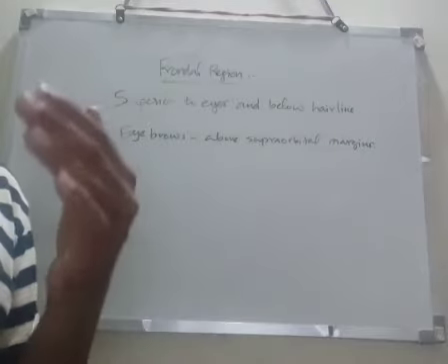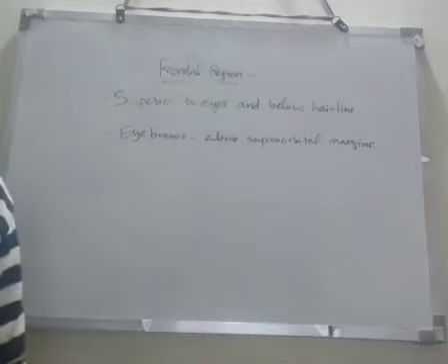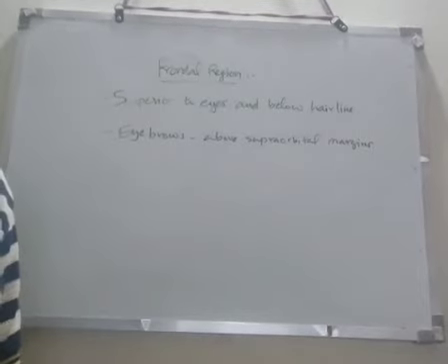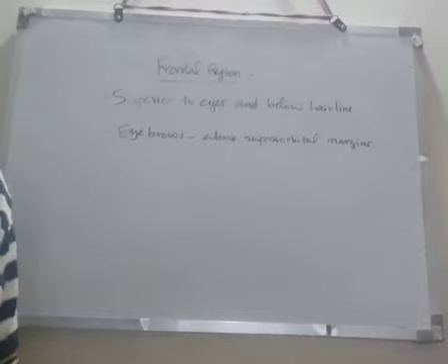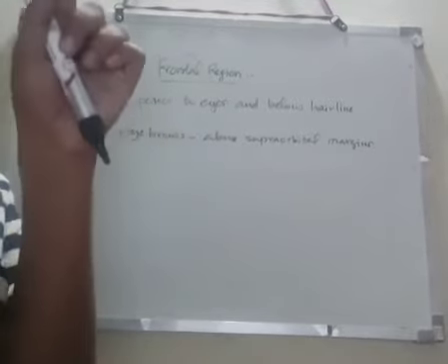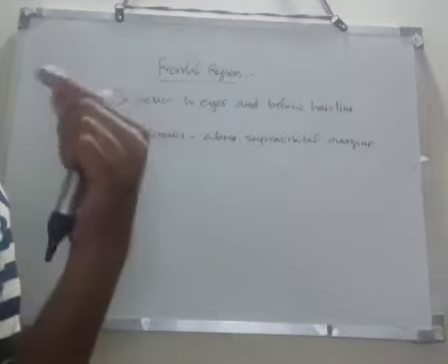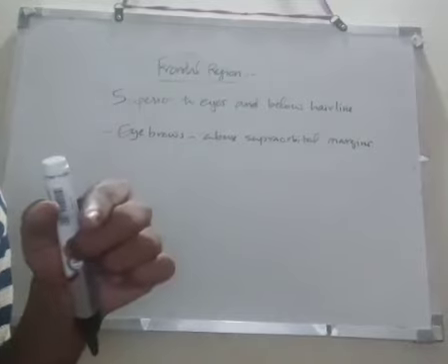Just deep to the eyebrow is a curved bony ridge, the superciliary arch, and it is more prominent in adult males.